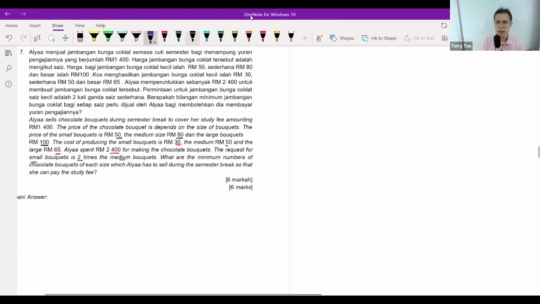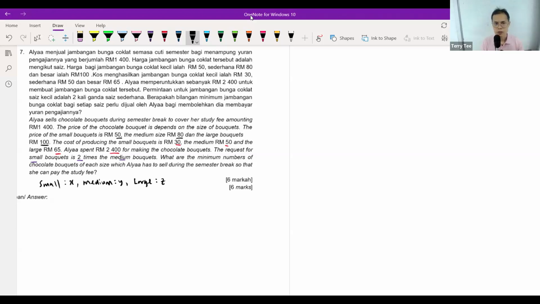So, number 1, let's start with the cost function. Your cost of producing the small one is 30. We let small bouquet be x, medium becomes y and large is z.